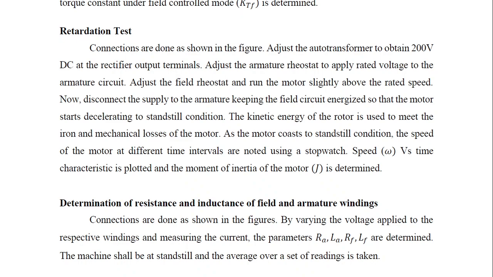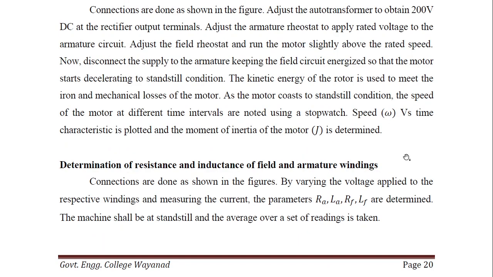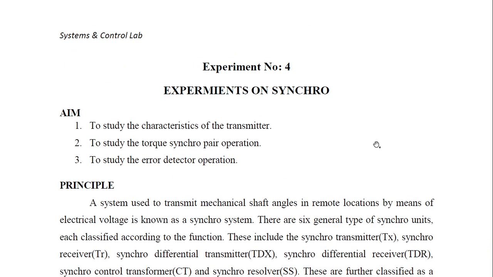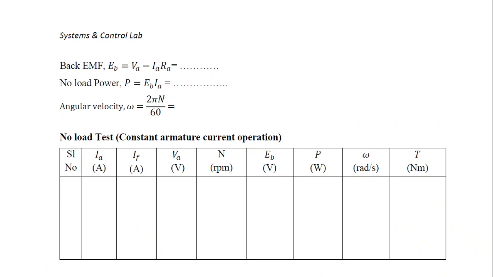So you have to take a stopwatch, or you can use your mobile phone, and simultaneously measure the speed, which can be measured using a tachometer, and the corresponding time. In that way you take readings to fill this tabular column for the retardation test.